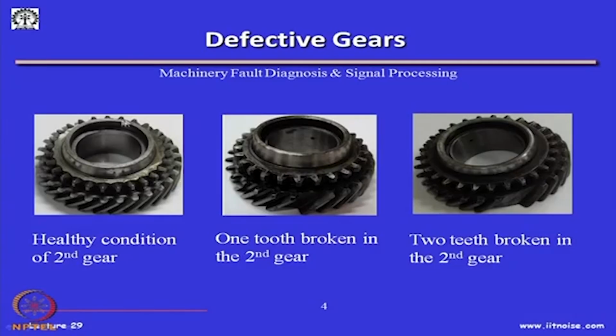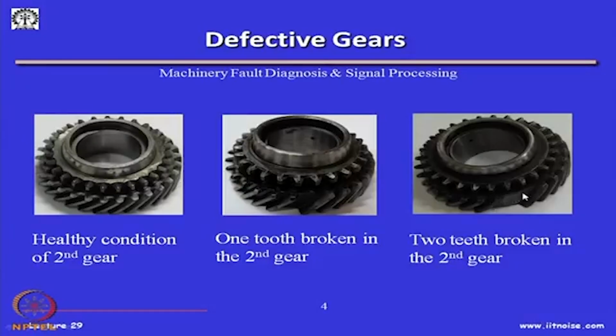I will just show you another type of gearbox, and these are some of the defective gears. For example, these are some experiments which we are doing in the laboratory, wherein we could artificially seed faults in the gear by a wire EDM machine, because these are very hard, and with normal milling operations you perhaps cannot cut this and remove the gear tooth.